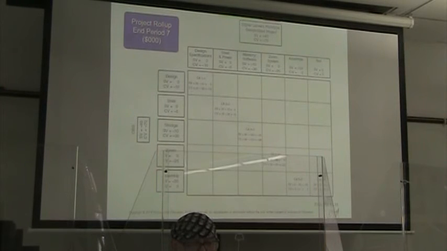All right, so this returns us to the diagram that we saw before about our spending, but with the schedule variance and cost variance having been put in.